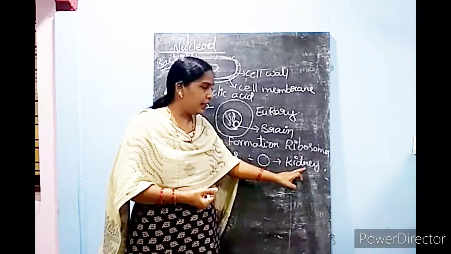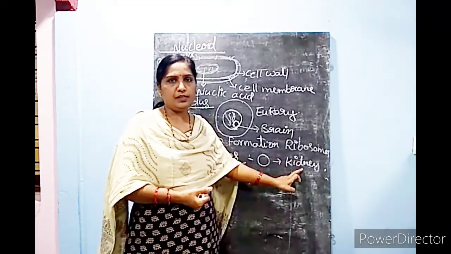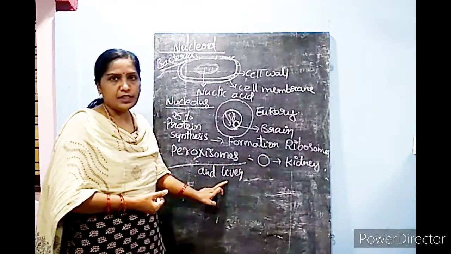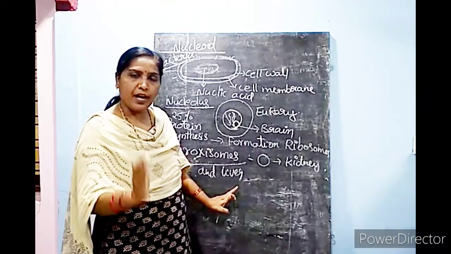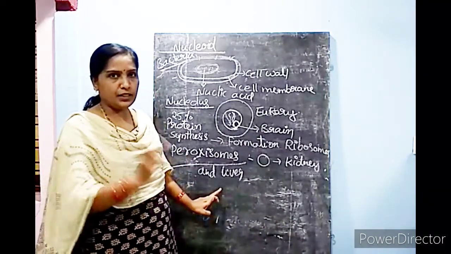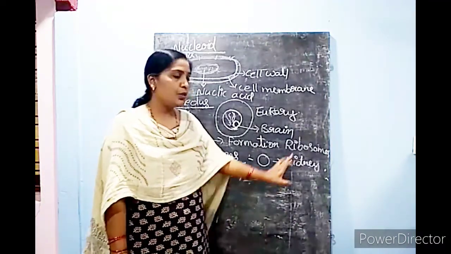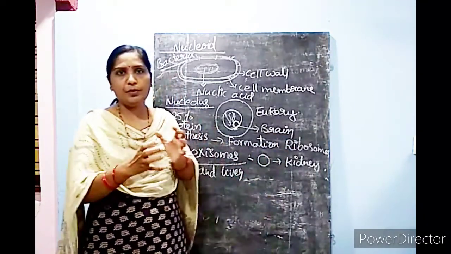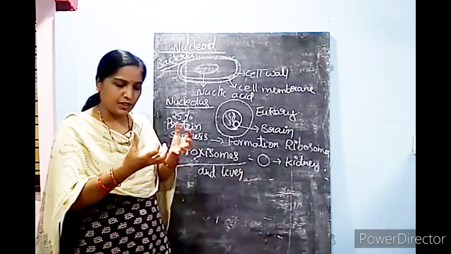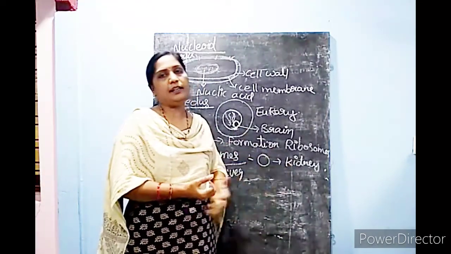The kidneys have waste materials, and even our liver cells emulsify fats and convert fat into fatty acids, which you learned in a previous class. So in both of these cells there is a possibility of accumulation of waste material.